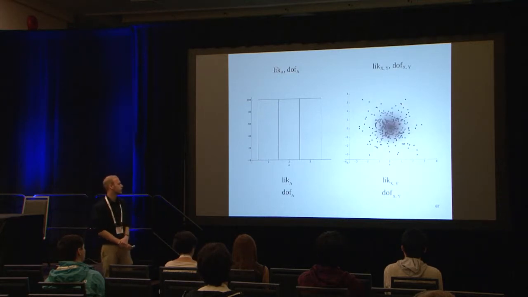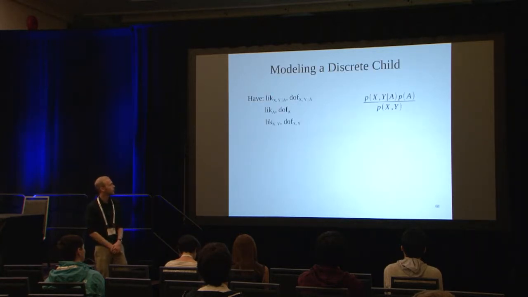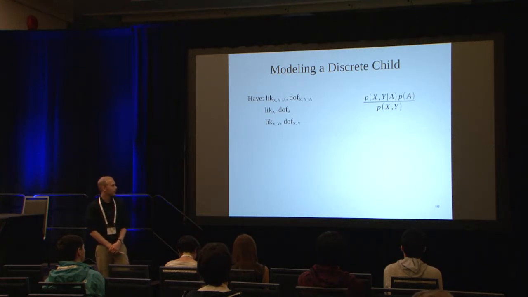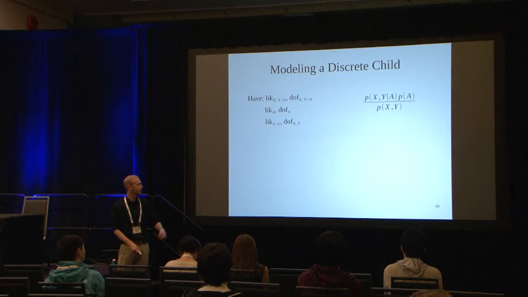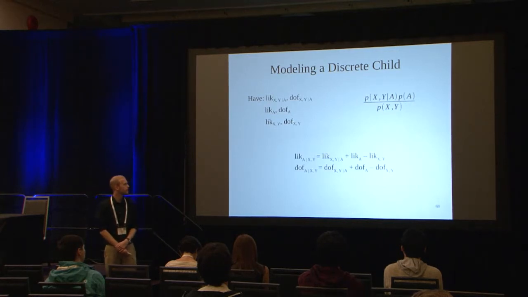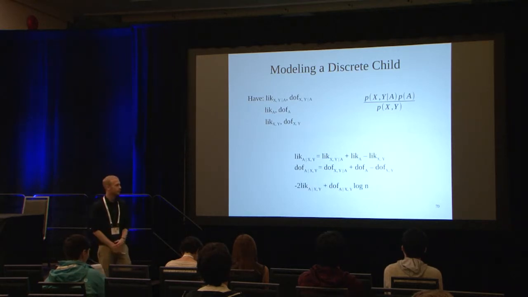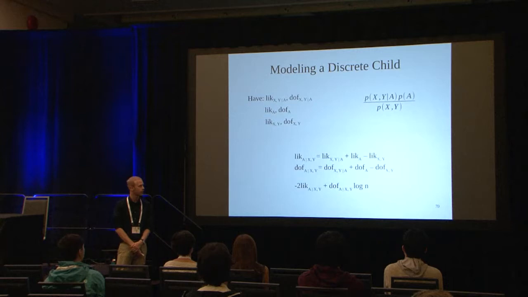And those will give us log likelihood and degrees of freedom terms. So now that we have all these terms, we can combine them according to the formulation in the top right. And that'll give us our desired log likelihood and degrees of freedom terms, which we can then pass to the Bayesian information criterion to score our model.